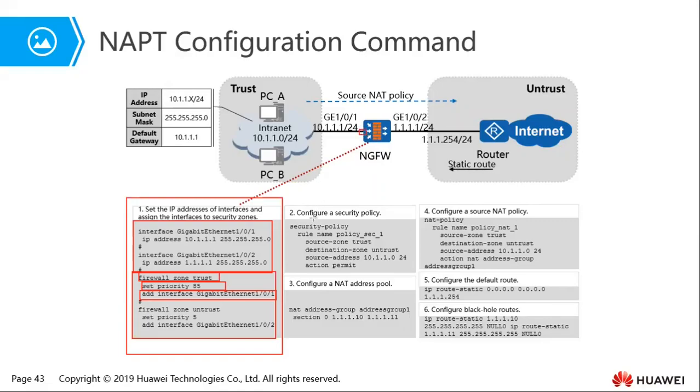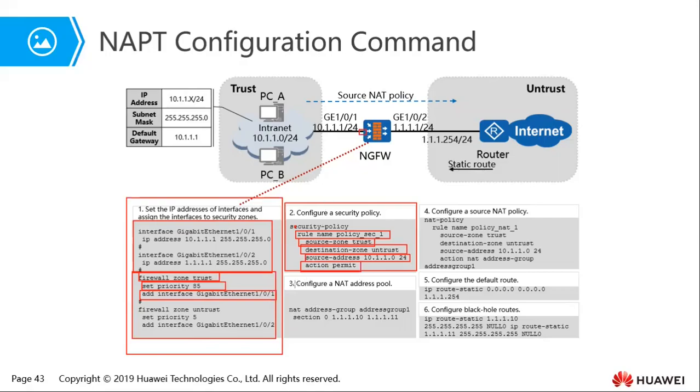So this is the trust zone. After that, we need to configure the policy to allow computers in our network to access the internet. We give it the name policy sec1. The source is from trust to untrust zone, if it's coming with a source address from that network, and the action is permit.